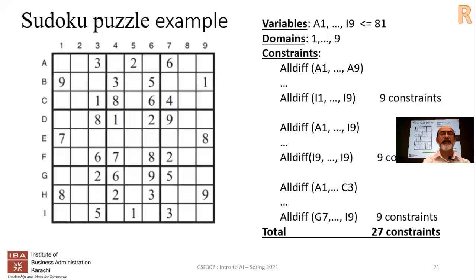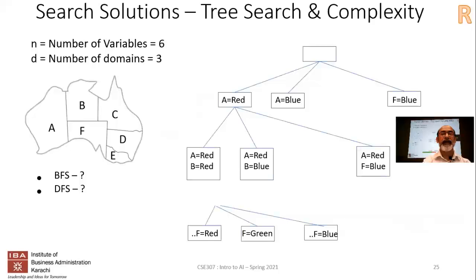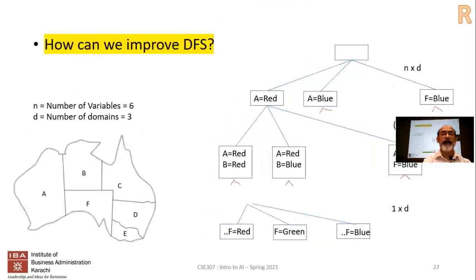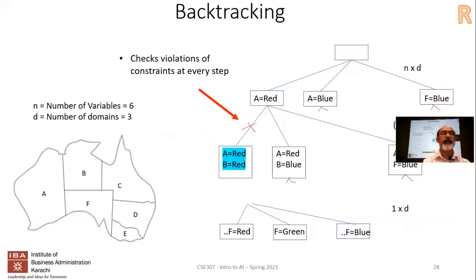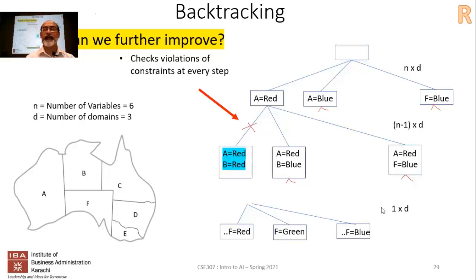There are other examples of Sudoku and so on. And we looked at how to actually solve the map coloring problem using a backtracking mechanism, okay? And we asked ourselves the question, how do we actually improve the backtracking method, okay?